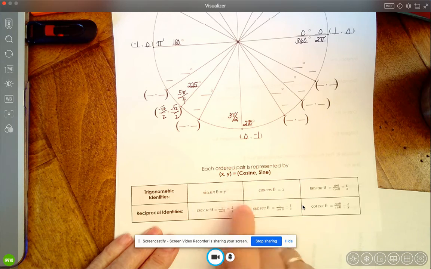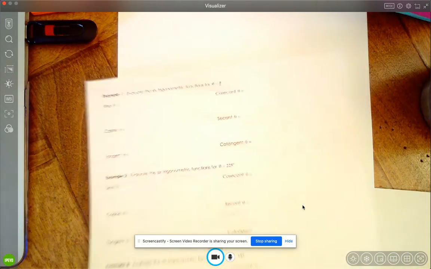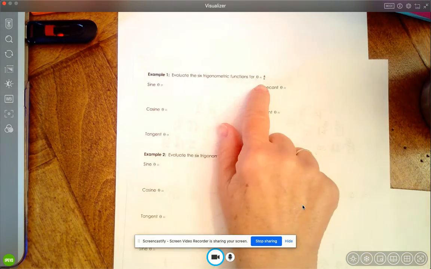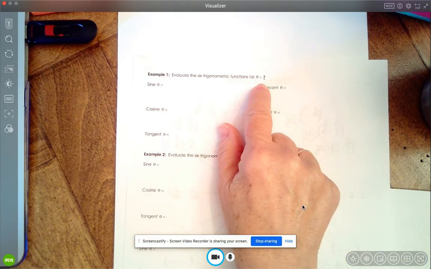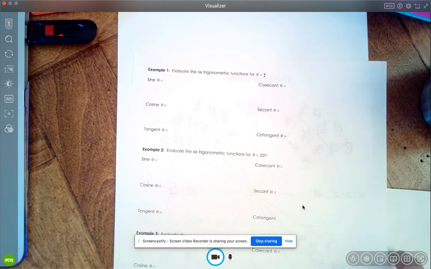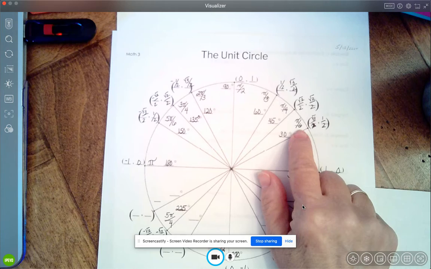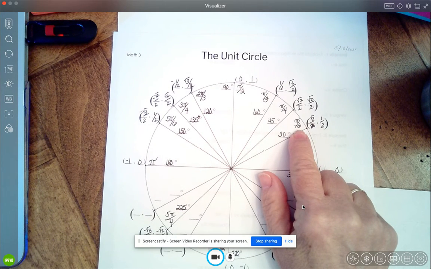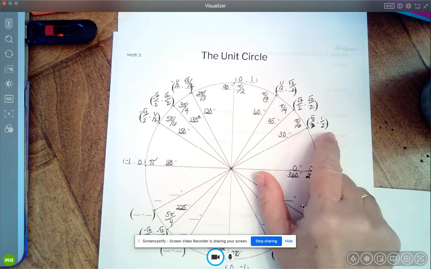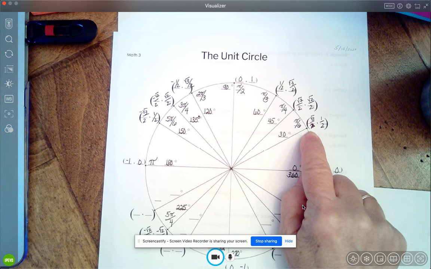So you can use this and you can also tell me what the sine of pi over 6 is. Once you get your chart filled out over here, here is pi over 6. My sine value is going to be 1/2, the y. My cosine value is going to be square root of 3 over 2.